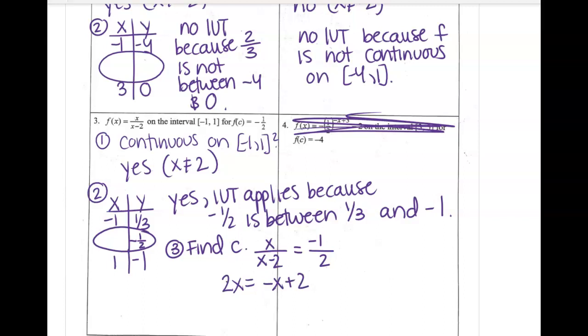And we end up with 3x equals 2. Divide by 3. X equals 2/3. But really we call it c, so if you answered x equals 2/3, it's kind of okay, but try to be consistent and say c equals 2/3.